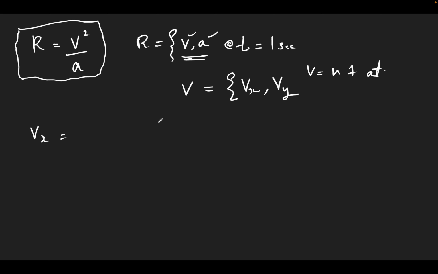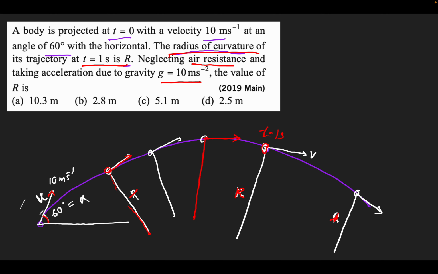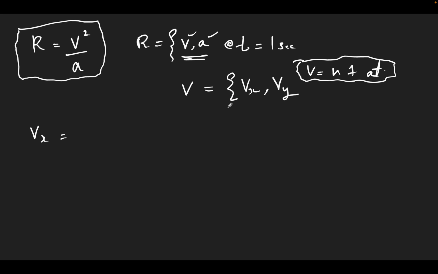Let me apply this equation for the horizontal motion. The body has come from this position to this. If I consider only the horizontal motion from here to here, I can apply v equal to u plus at.